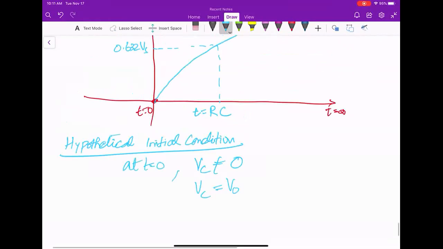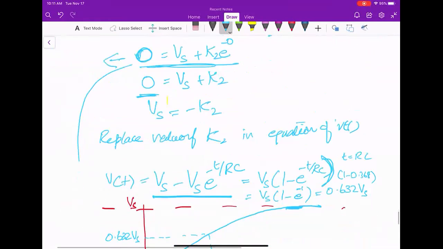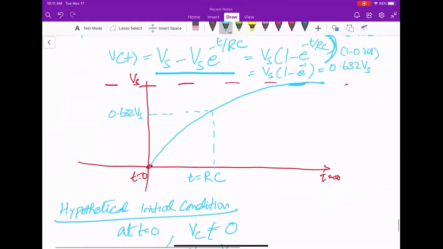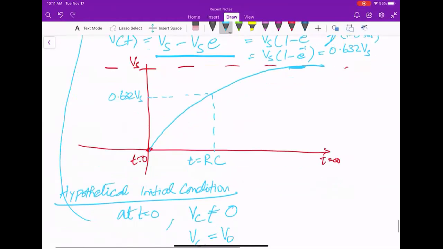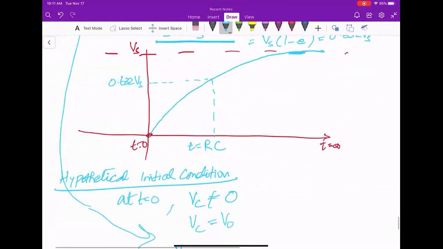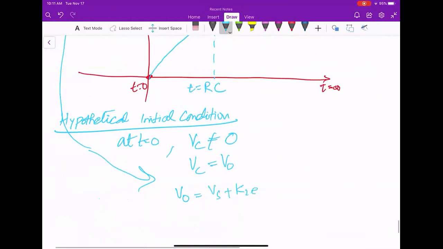Then at t equals 0, in this equation, you will write something like this: V naught is equal to Vs plus K2 e to the minus 0, right?